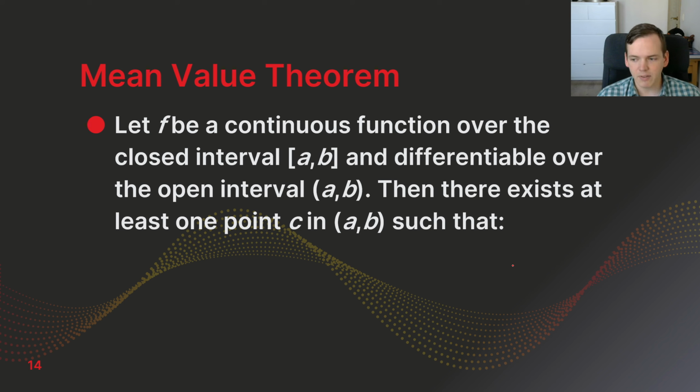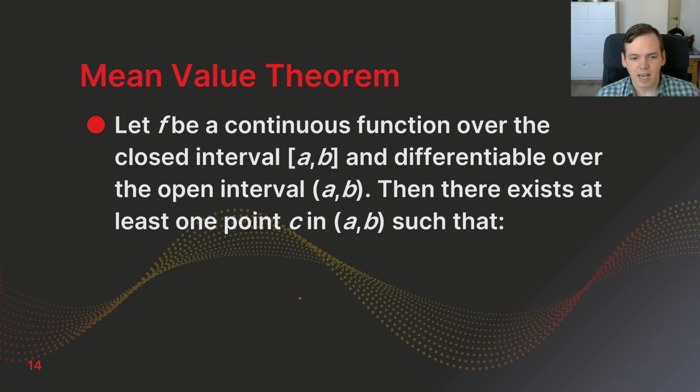But it says, let f be a continuous function over the closed interval [a, b], and differentiable over the open interval (a, b). That just means that the endpoints are defined for the function, but it doesn't need to be differentiable at the endpoints.